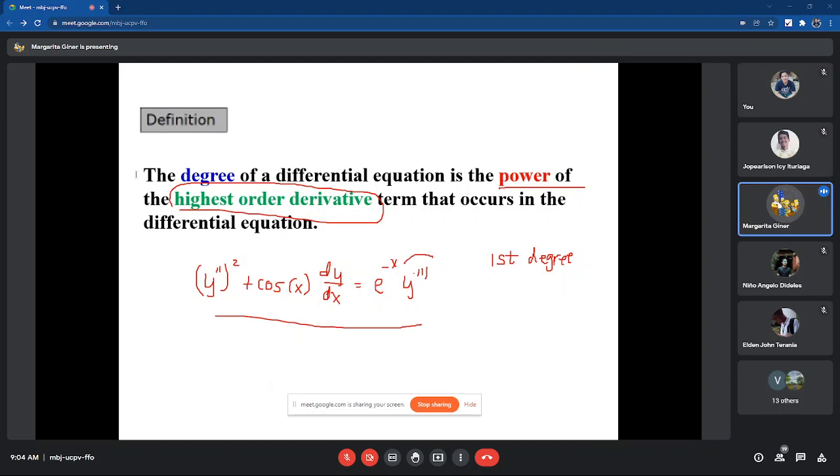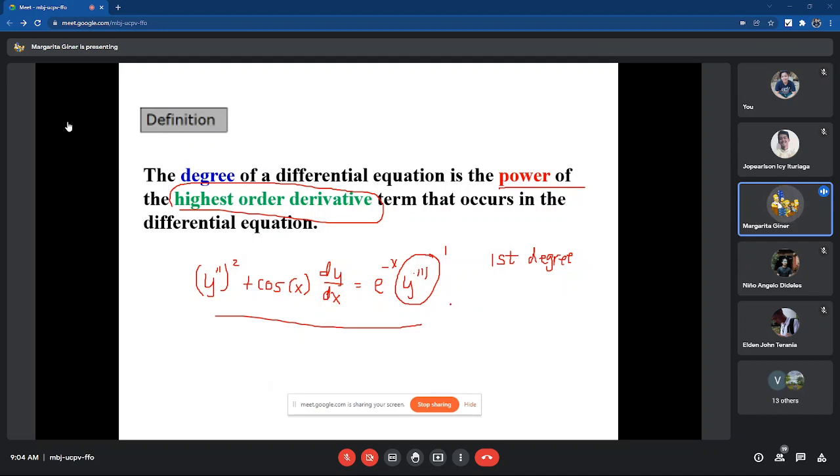The highest derivative in the equation is y triple prime. So, the basis of our degree is the y triple prime, and its degree is first degree. First degree because its exponent is 1. It is automatically the exponent of 1. So, that's why it is first degree.